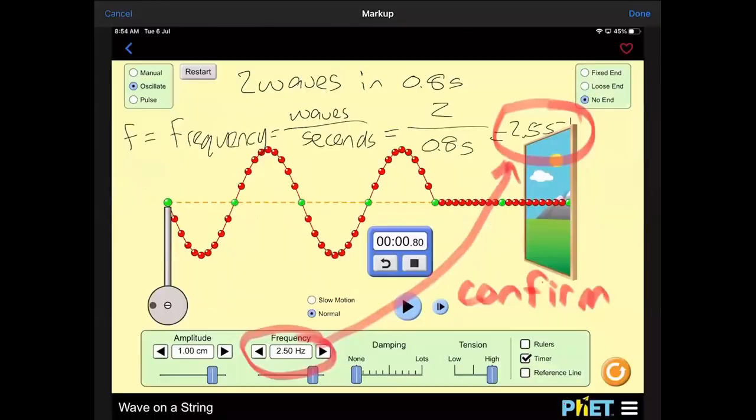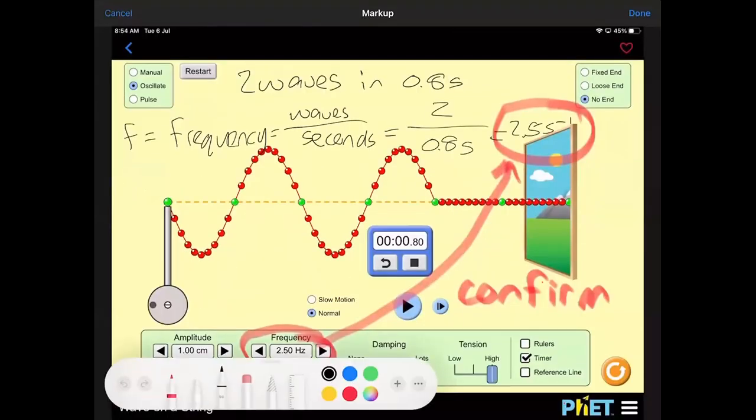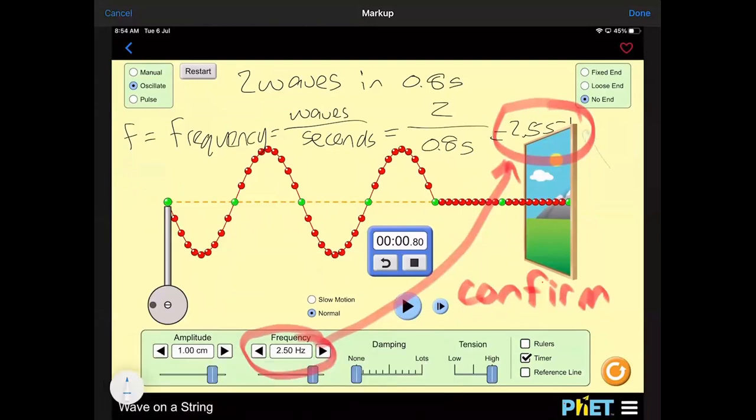What we've learned now is that seconds to the -1 is basically what we call the hertz. So hertz is just like a nice name, like Newton and Pascal and Joule and all these fancy things. Per second just has a fancy name, and that fancy name is hertz.